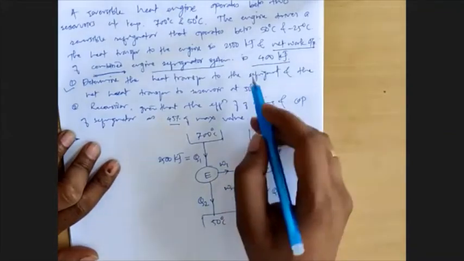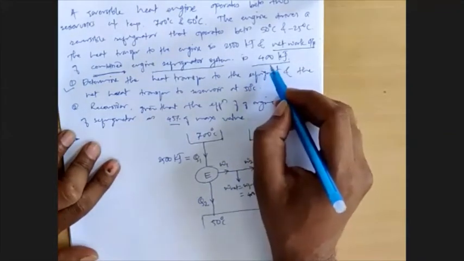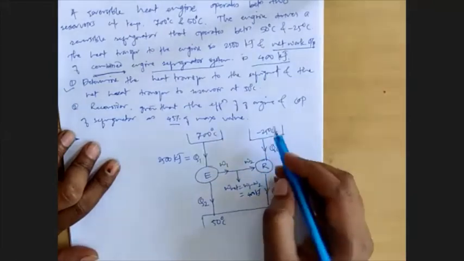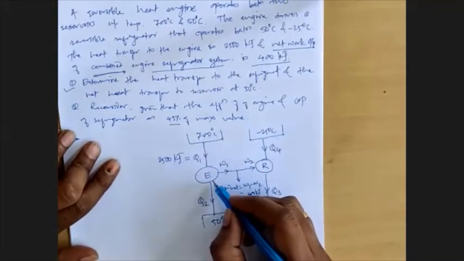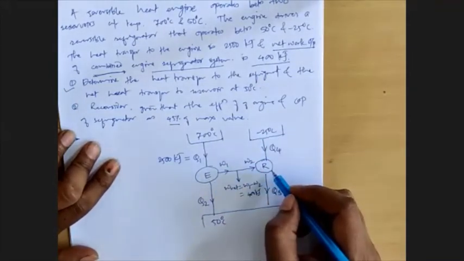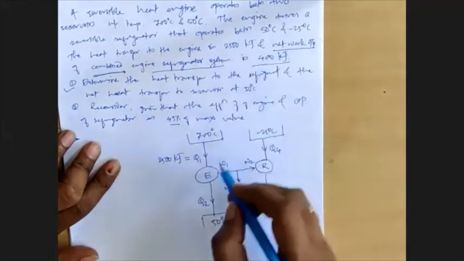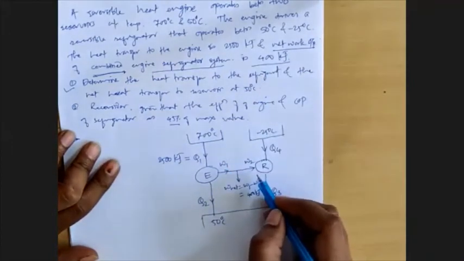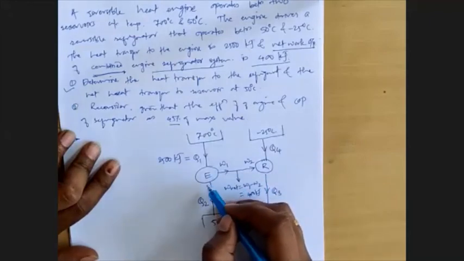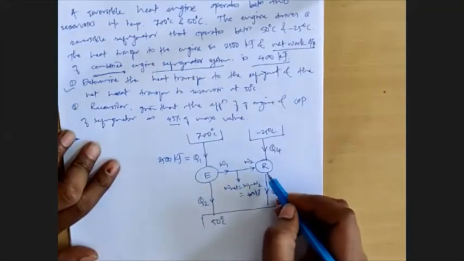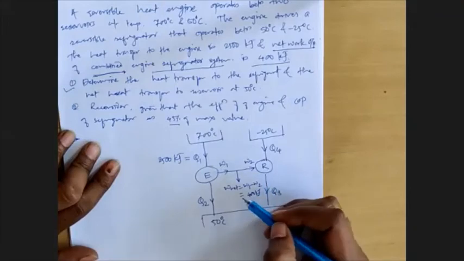Of the engine and refrigerator, the engine is a work producing device, whereas the refrigerator is a work consuming device.